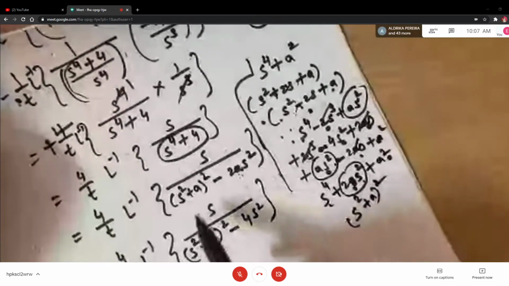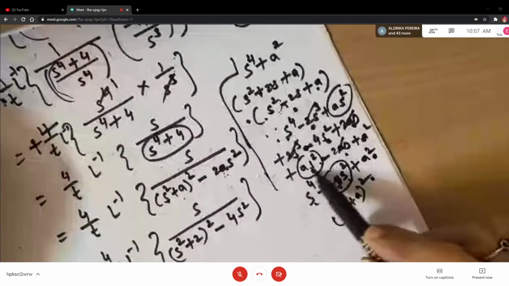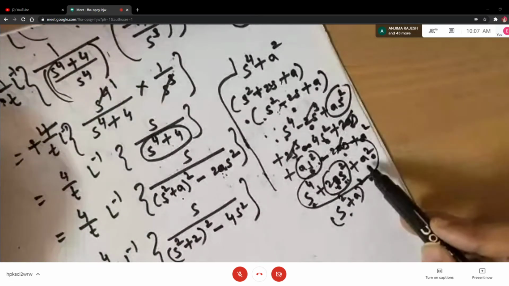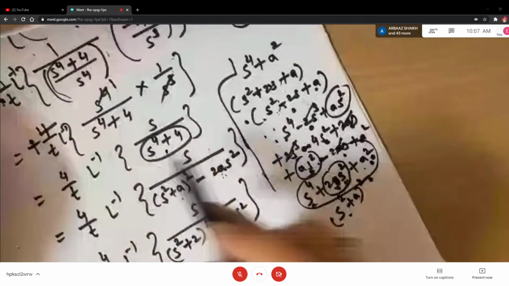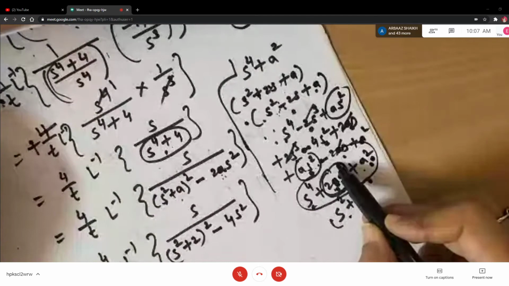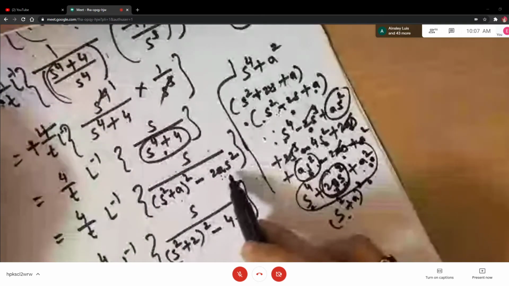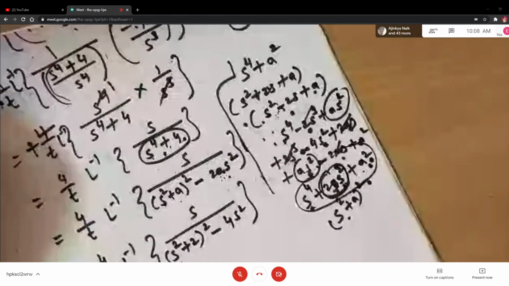Yeah, because see, whenever I'm finding s square plus a square the whole square, I'm getting s raised to 4 plus 2a square plus a square. But which is the unwanted term here for this substitution? It is this unwanted term, no? Yes, miss. So that unwanted term only I am subtracting so that it will remain s raised to 4 plus a square. I am not adding and subtracting.